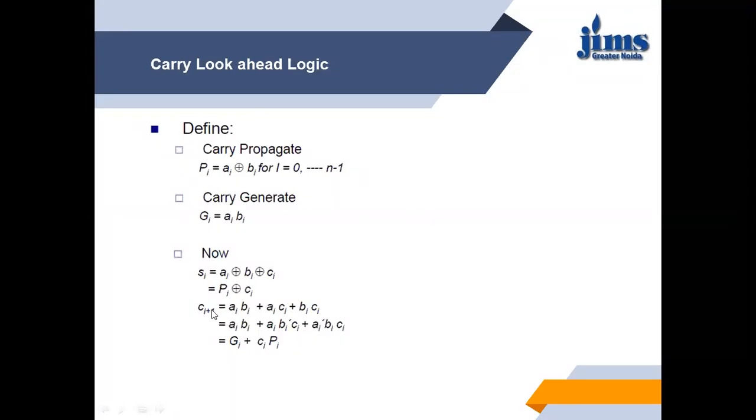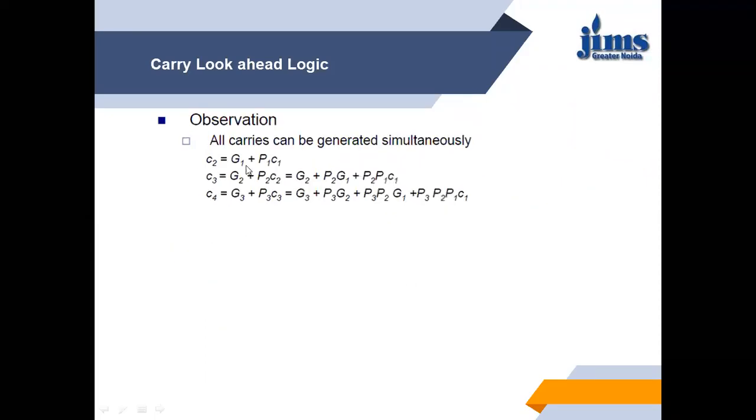So I put here, if i equals 0, then C1 will be G0 plus C0 P0. C2: if I put i equals 1, then C2 will be G1 plus C1 P1, and we can put the value of C1 from the previous value. Now we get C2 equals G1 plus P1 C1, C3 equals G2 plus P2 C2.